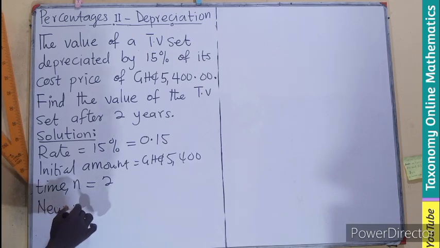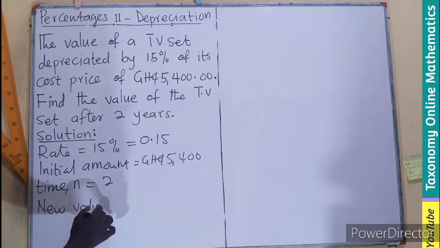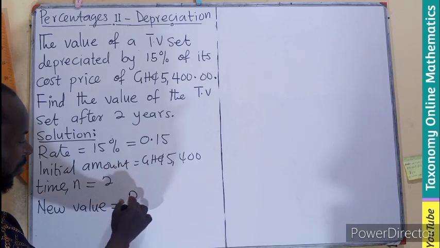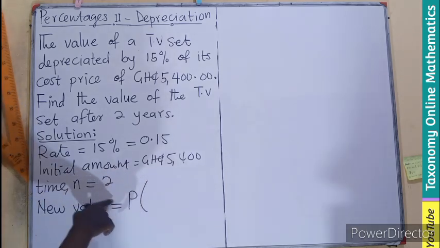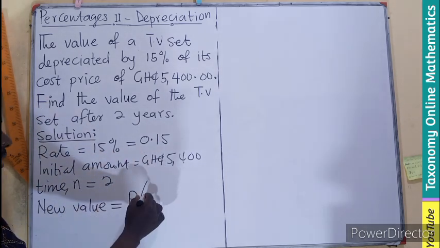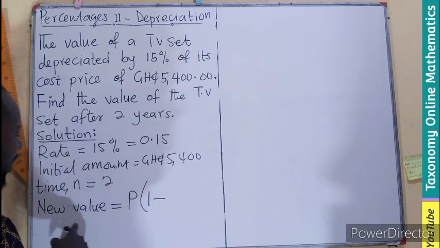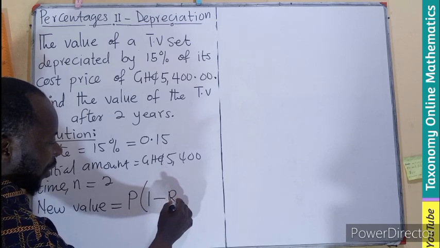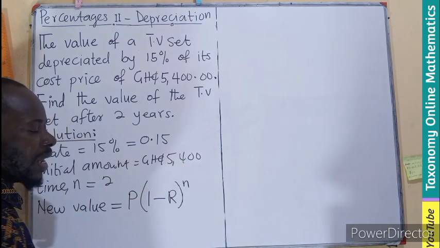Okay, the new value or new price, if I may put it that way, will be equal to the amount, which is the P, the initial amount, times 1 minus the rate, which in this case let's use capital R, raised to the power n.